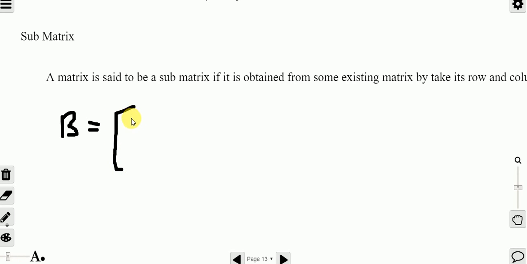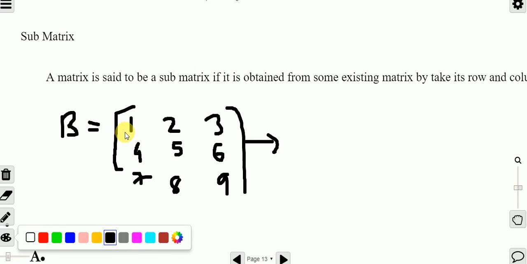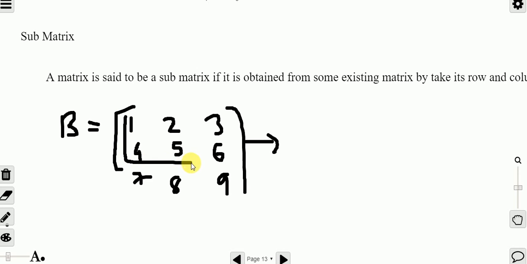Suppose you have a matrix 1 2 3, 4 5 6, 7 8 9. Okay, so this is a 3 cross 3 matrix. I want to find a submatrix of this. So how will you find it? Let us take the initial elements. The submatrix will be, I am taking this small 2 cross 2 matrix and writing it down over here.